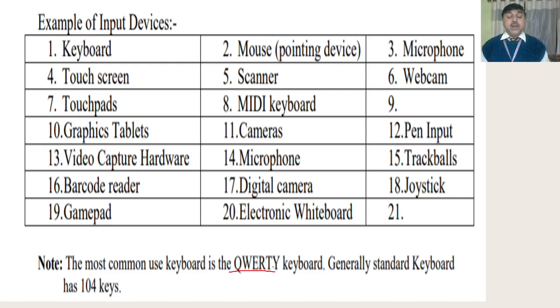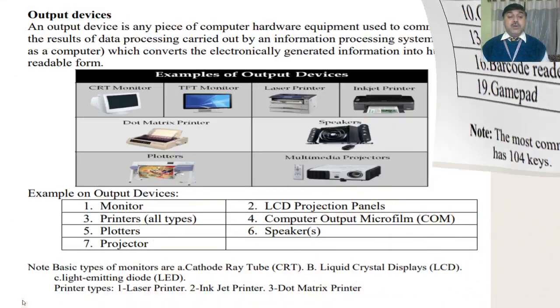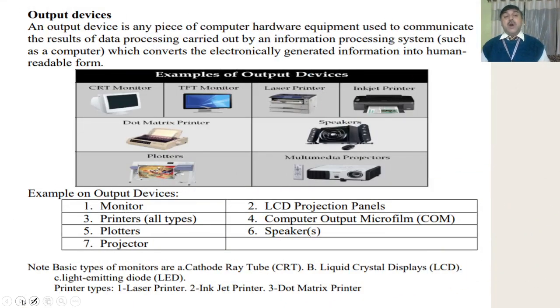A QWERTY keyboard generally has 104 keys: alphabets, numbers, special symbols, spacebar, alt key, shift key, etc. This is known as a QWERTY keyboard, and we work on the QWERTY keyboard.